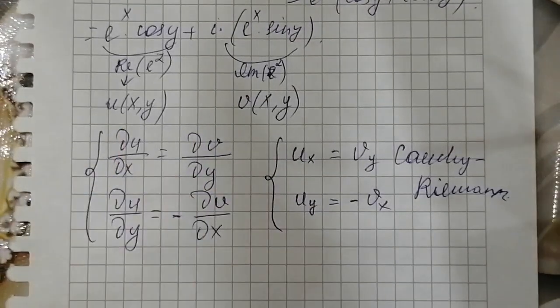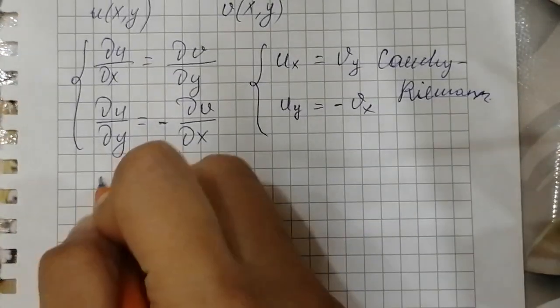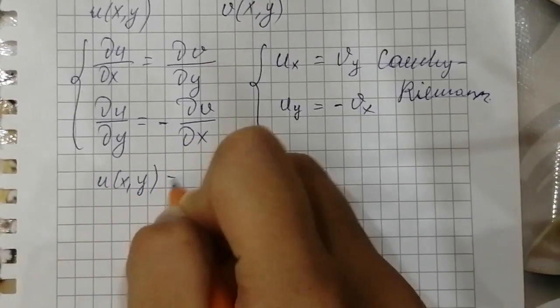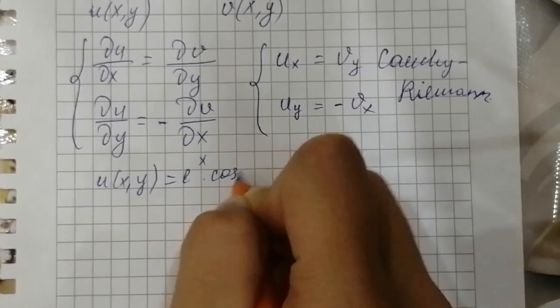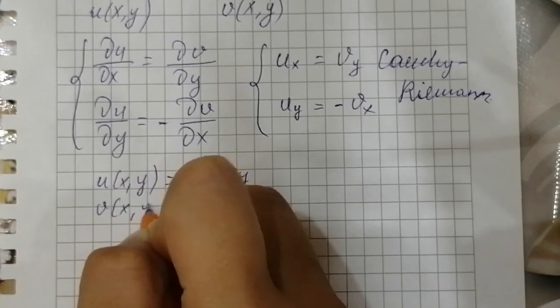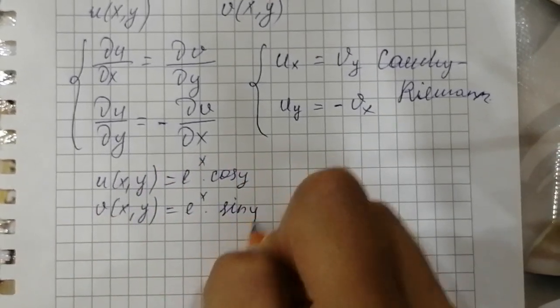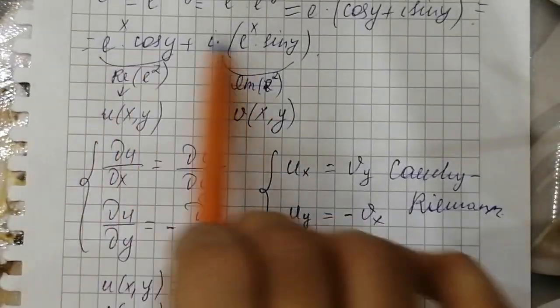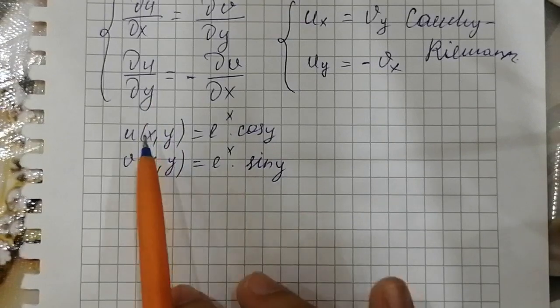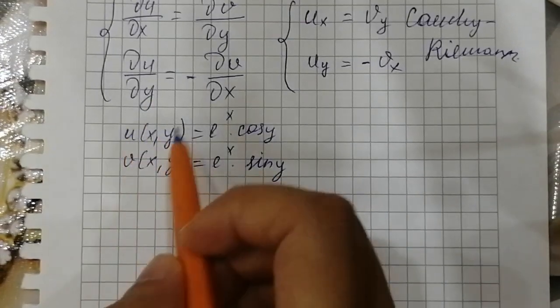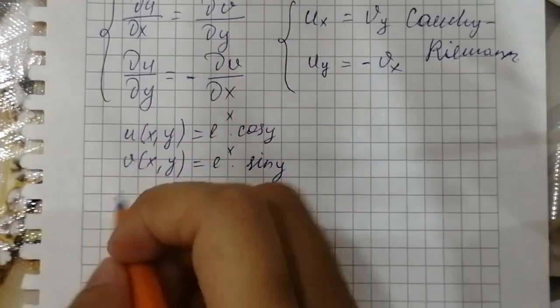Let's show that this condition is really satisfied or not. In this task, u of x and y is equal to e to the power of x times cosine y, and v of x and y is equal to e to the power of x times sine y. Let's find the derivative of function u with respect to x.